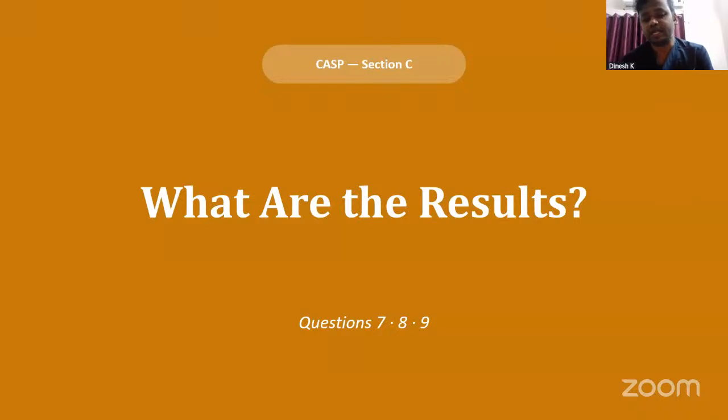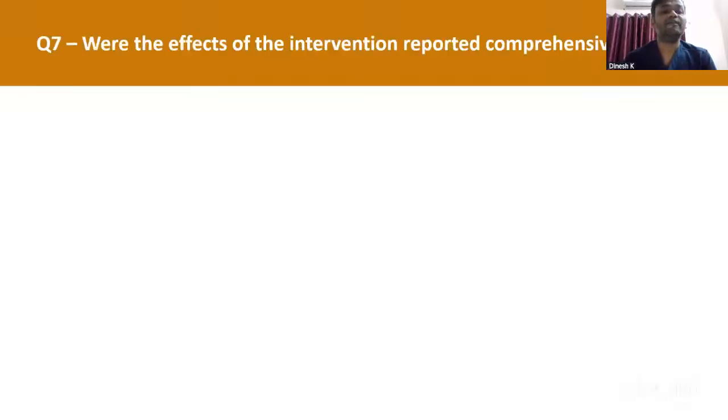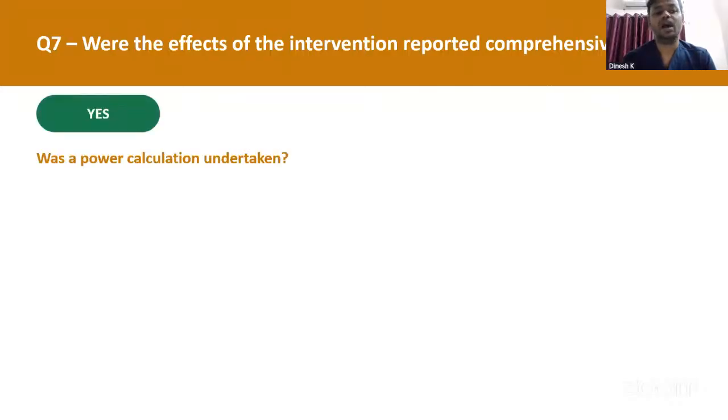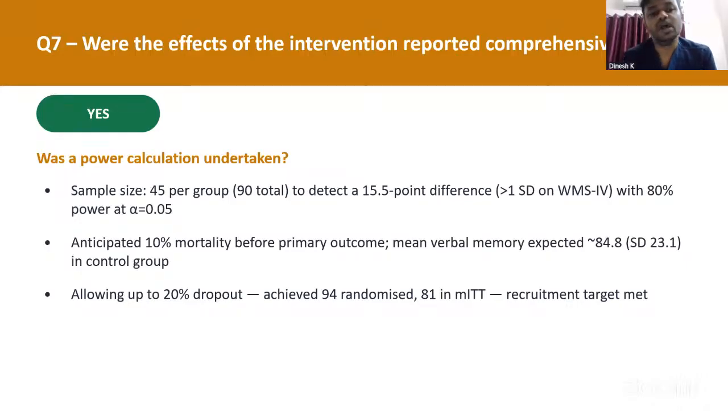So coming to the results section: were the effects of the intervention reported comprehensively? Was the power calculation undertaken? This we have already discussed. They anticipated 10% mortality. The mean verbal score expected was somewhere around 84.8.